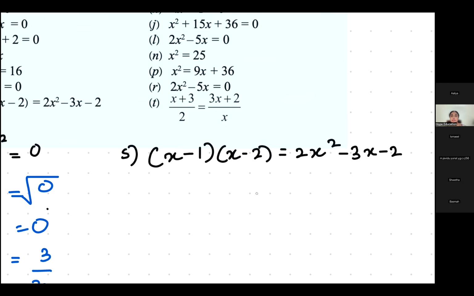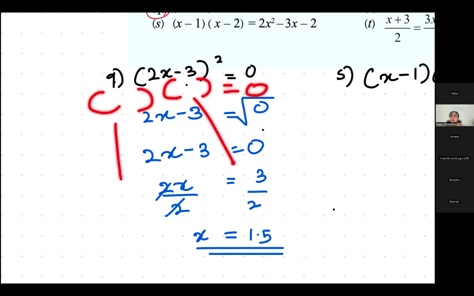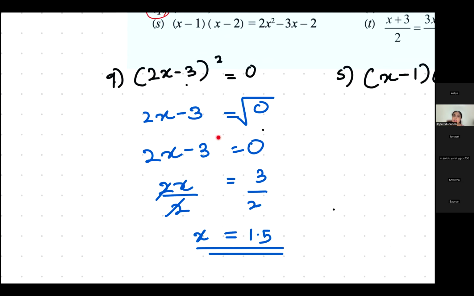In the second method, we only get one answer. If a square like this comes, we know 2x minus 3 squared means 2x minus 3 multiplied by 2x minus 3 equals 0, so both give the same answer. In such an instance you can simplify: when you move the square to the other side it becomes a square root, and the square root of 0 is still 0.